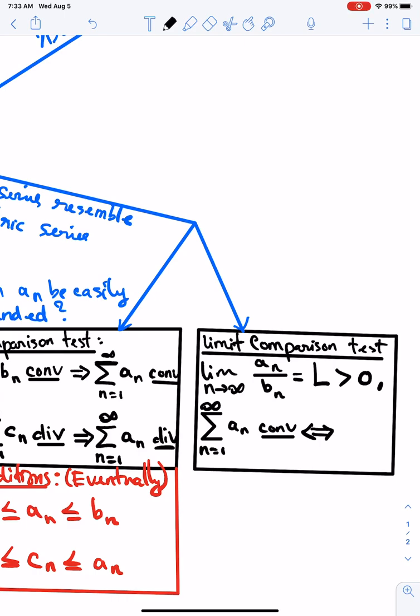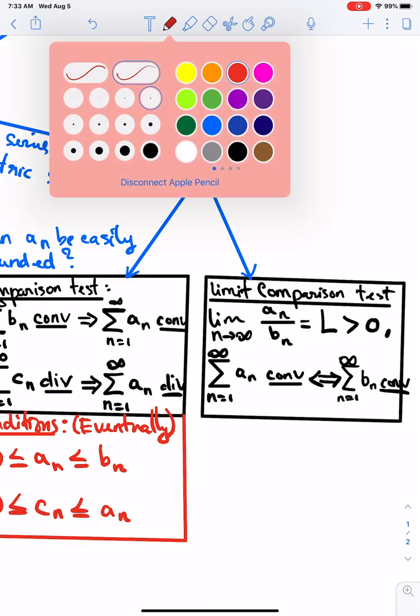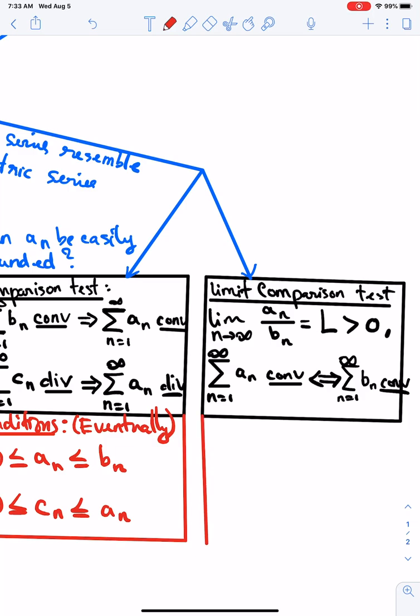It works both ways. The same thing holds for divergence: if one is divergent, then the other one has to be divergent as well. As for the conditions, you want both a sub n and b sub n to be bigger than 0.